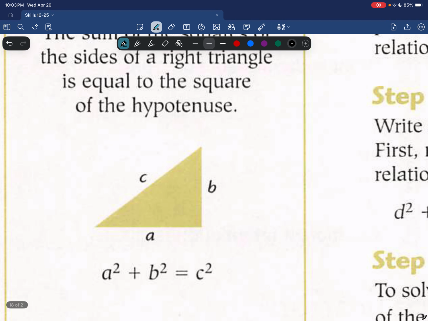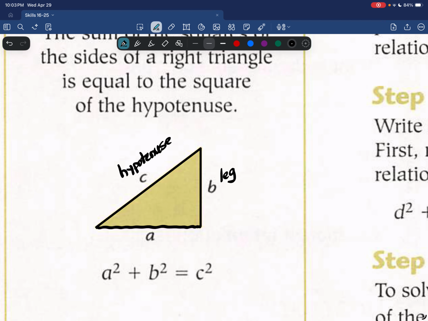And that's what this formula says. C is always your hypotenuse. B is always one of the legs. And A is one of the legs. This book is using the word side to represent a leg, so they may use that term. I would use the word leg, that's the more proper term.